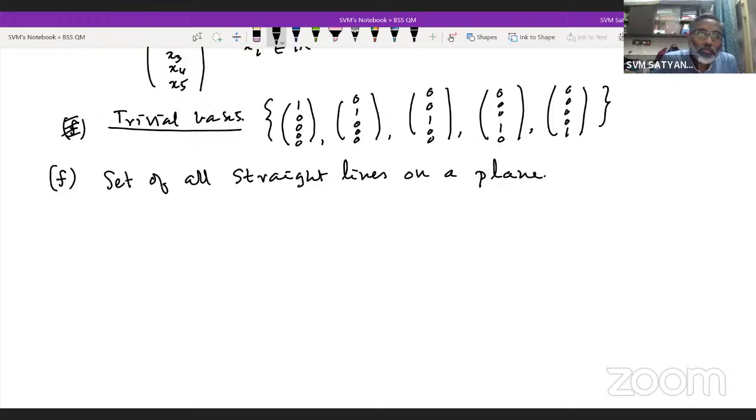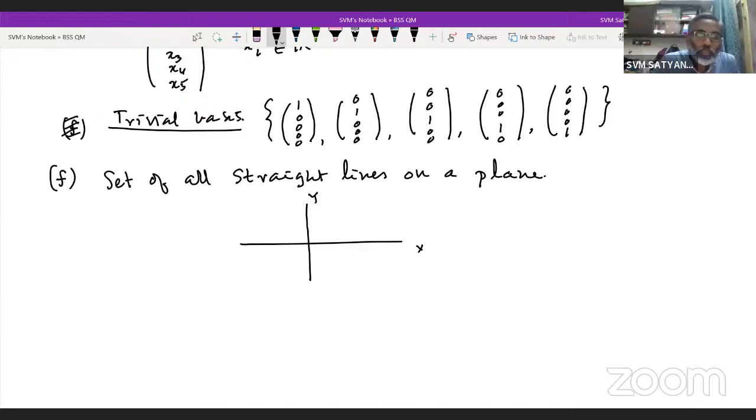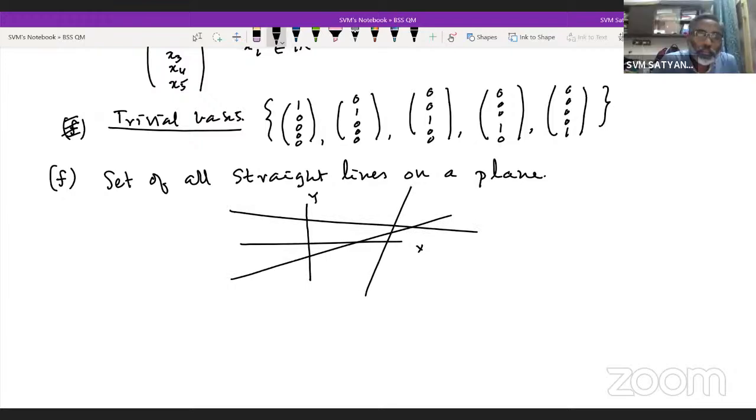Okay, so how do we handle this? Is it 2? Why 2? Means x and y, and the straight line we can define with 2 coordinates. So let's say that I have one line like this, another line like this, another line like this, another line like this. Now consider all possible lines that I can draw on a plane.